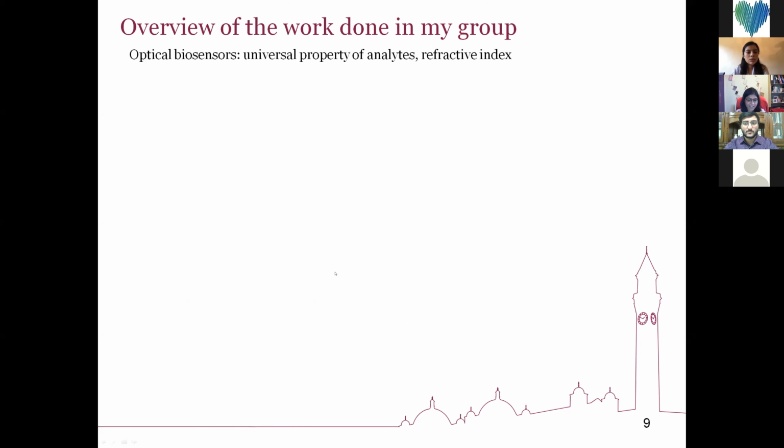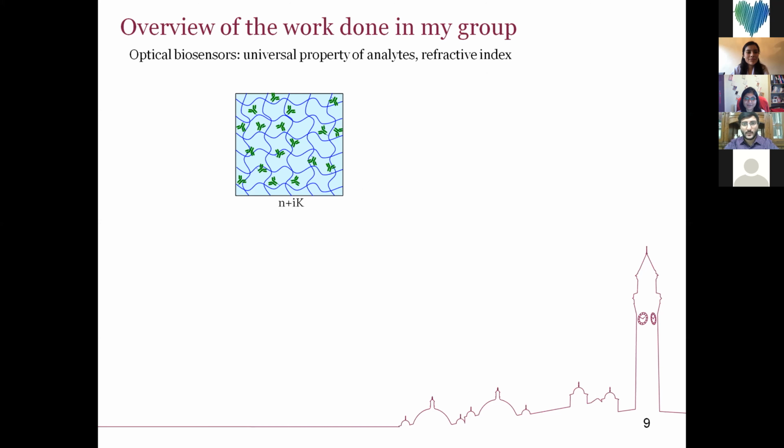Okay. In my group, we work on optical biosensors, which means that we rely on a universal property of analytes called refractive index. So I'm not sure if people are familiar with refractive index, so I try to build in a little discussion here.